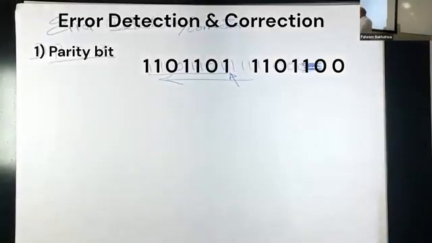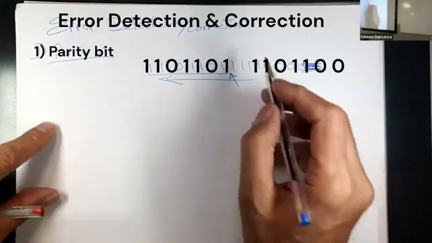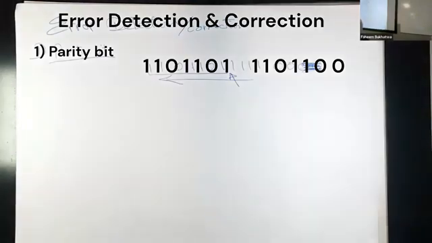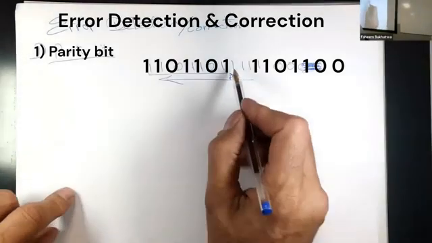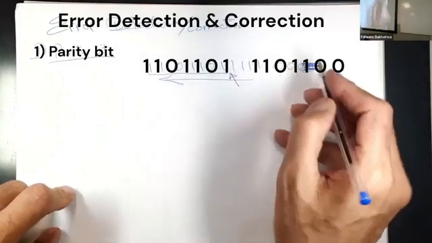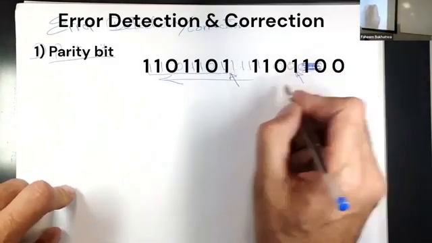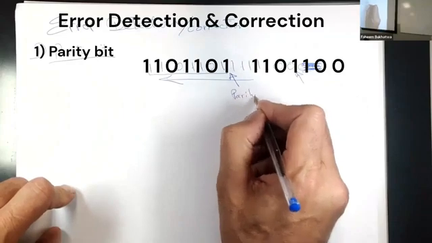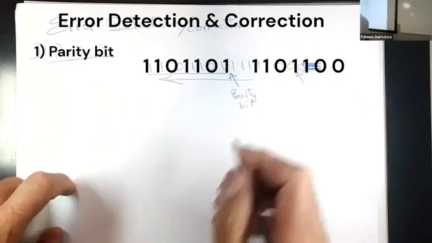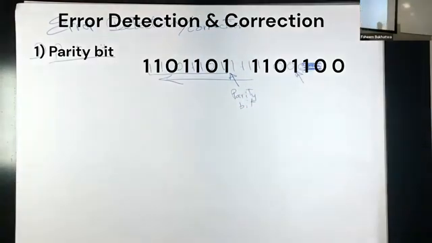It'll add a 1 or a 0. As long as you have data going, it will keep taking 7 bits and inserting an extra bit, and we call these the parity bits. So the sender keeps sending parity bits, and the receiver removes them, but after doing the error check.